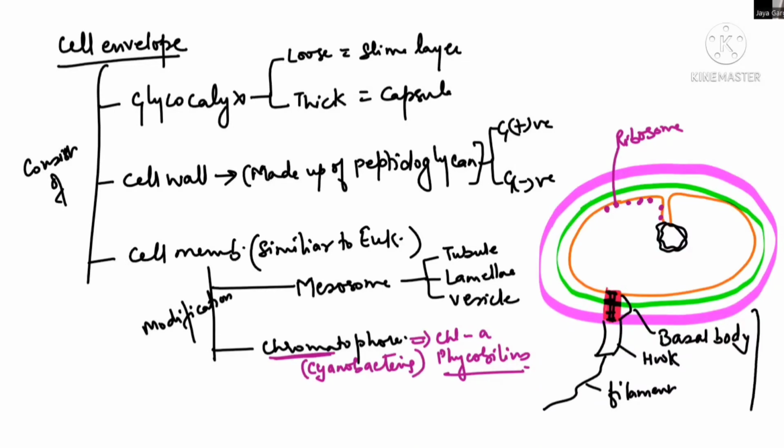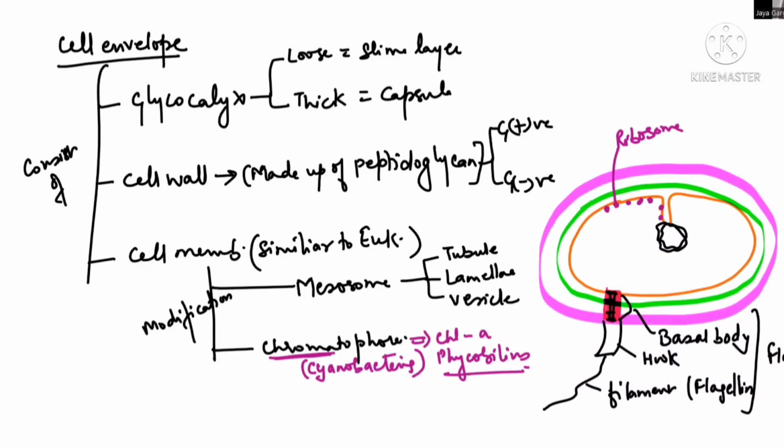This is the structure of bacterial flagella. The bacterial flagella is made up of which protein, beta? Flagellin protein. Please remember, eukaryotic flagella is made up of tubulin protein, but this is made up of flagellin protein.